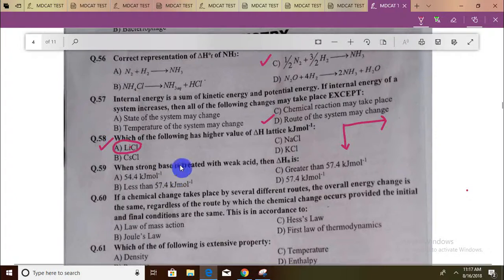So when a strong base is treated with a weak acid, then the enthalpy of neutralization ought to be less than 57.4 because some of the energy will be used up to further ionize the weak acid.